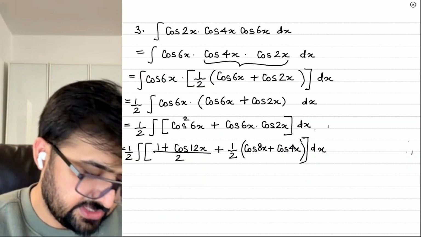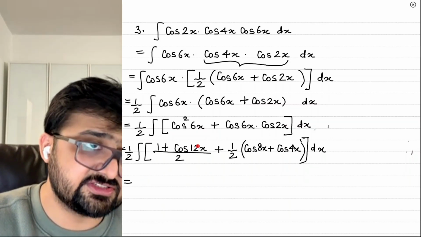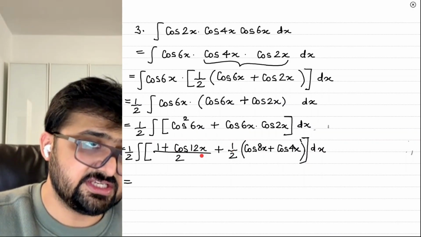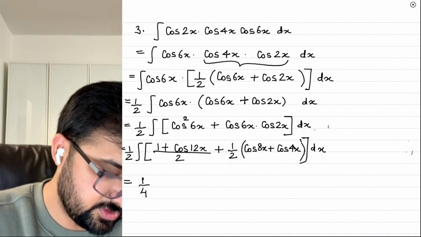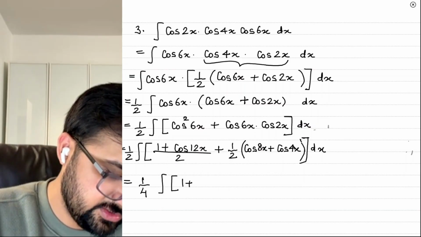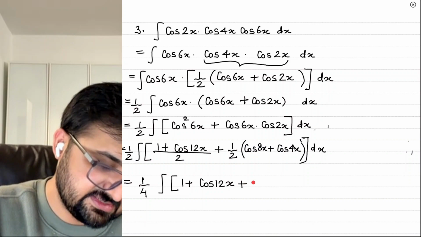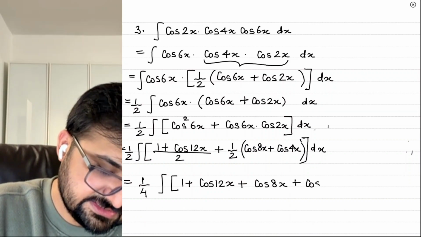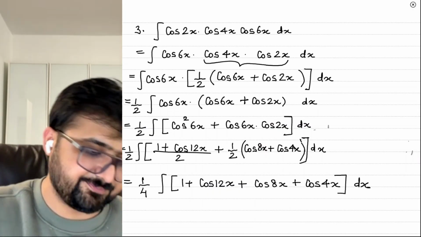Now we can simplify this further. There is a half in the first term, and a half in the second term. That half and this half can be taken out, and it will become 1 by 4. Then you get integration of 1 plus cos 12x plus cos 8x plus cos 4x dx.